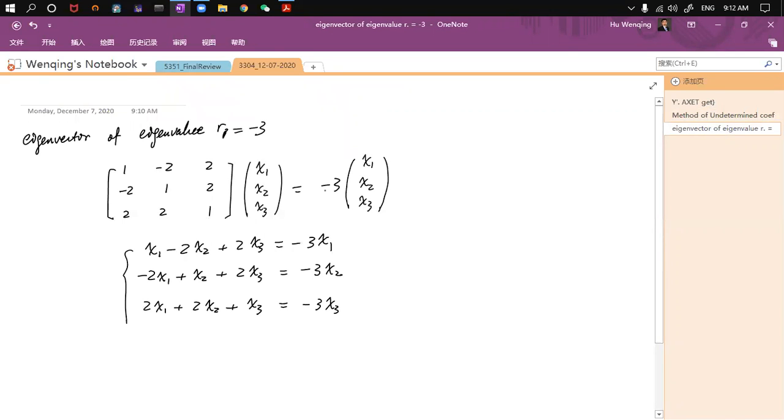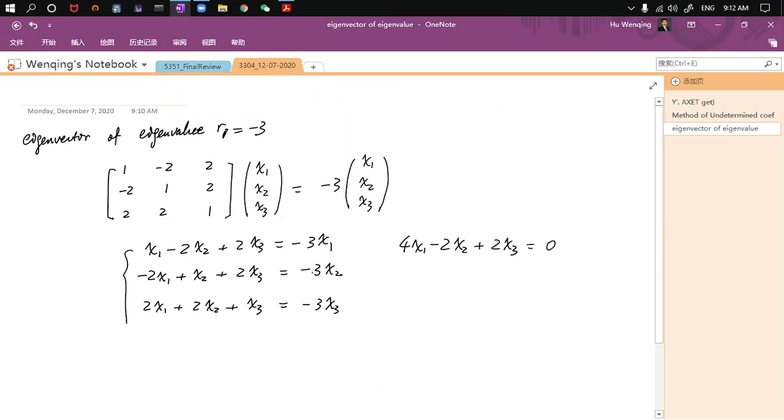So in order to do this, you can see that we have to reduce this equation a little bit. So the first equation, 3x1 moved here, so plus 1, that's a 4 times x1 minus 2 times x2 plus 2 times x3 is equal to 0.